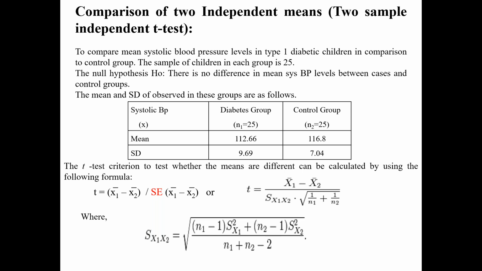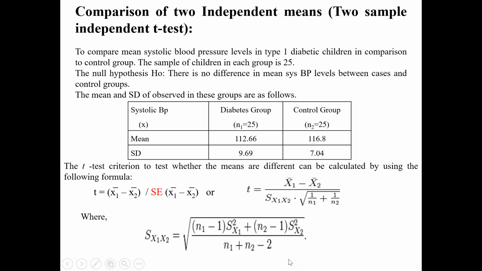So 1 is just subtracted from that n. Otherwise, n1 times s x1 squared should have been done. But then it is n1 minus 1, in brackets, capital S squared, that is the standard deviation of the first group, x1, plus n2 minus 1, n2 being the sample size of the second group, that is the control group, and S2 again of the second group, standard deviation, divided by n1 plus n2 minus 2.